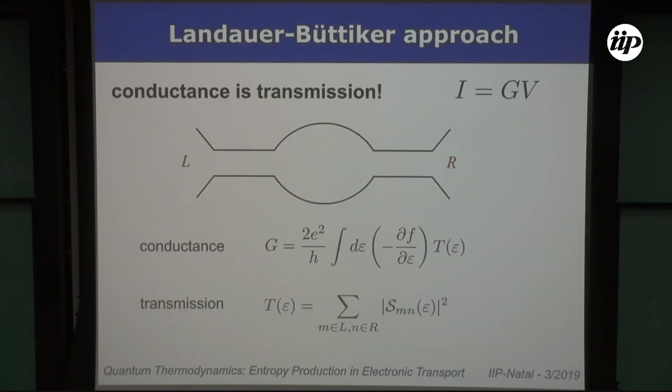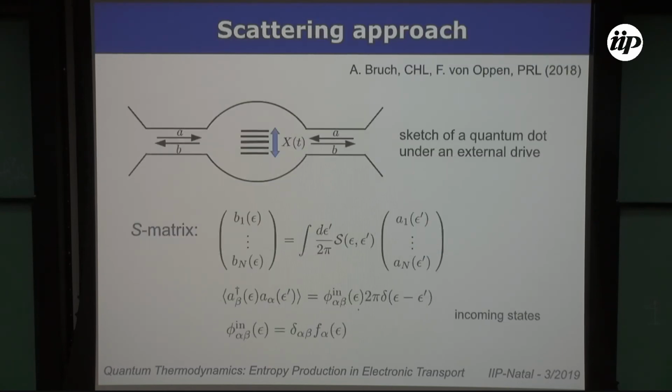So, this is our idea: we start with Landauer-Büttiker, and then we write the conductance, the transmission. The transmission is given by the S matrix, and now we introduce the possibility that the S matrix depends on time because you have an external drive. So that's it.